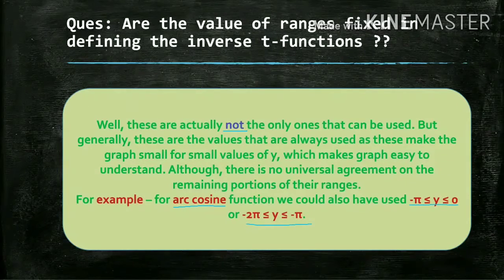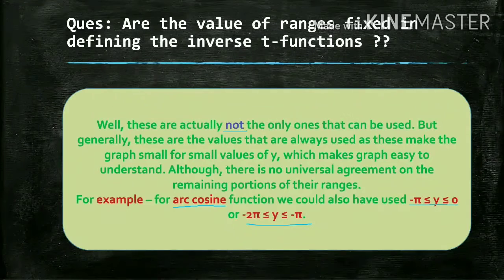We can use them, no doubt, and many more. You just need to define the function in that particular domain and range, and prove that it is one-one and onto. You need to just show this to say that its inverse exists.